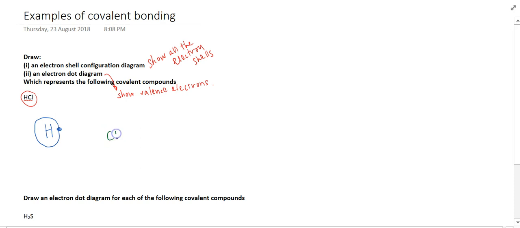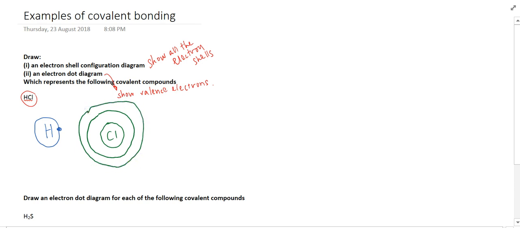Chlorine is in group 17. So group 17 means that chlorine will have 7 electrons in its outermost shell. It's also in period 3, which means that it would have 3 electron shells. In its first shell there'll be 2 electrons.